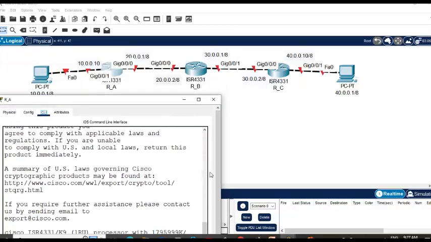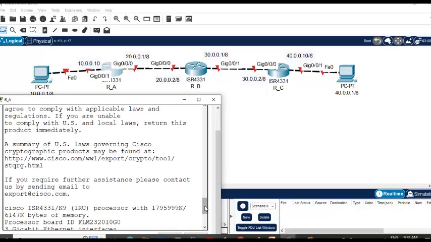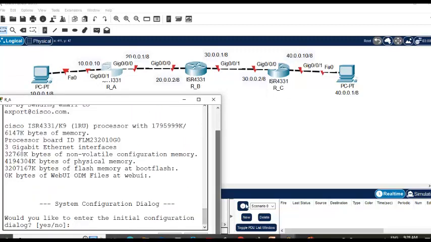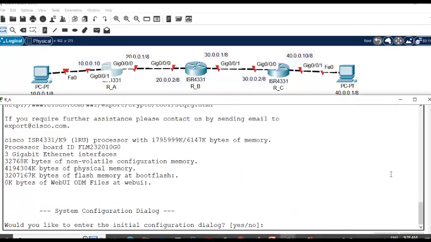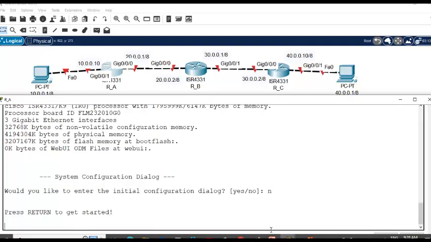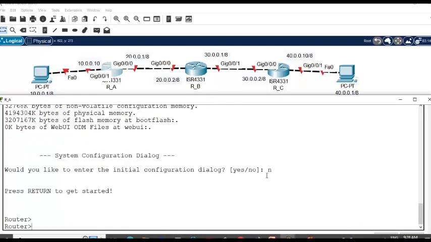You type no here. If you see this question anytime, you type no. This is the user mode, you see, the greater than symbol. And type here enable. You are now inside enable mode.